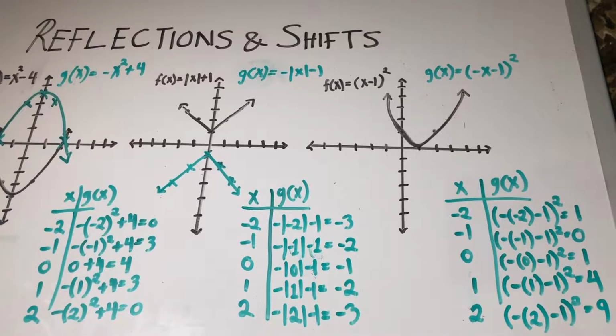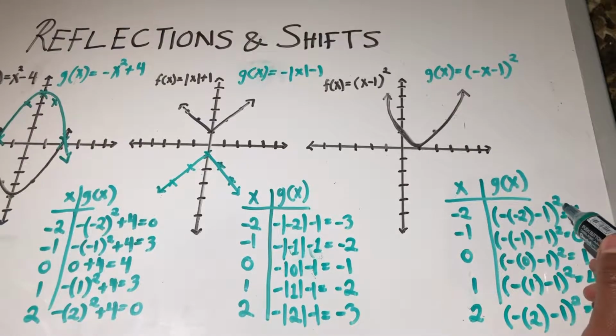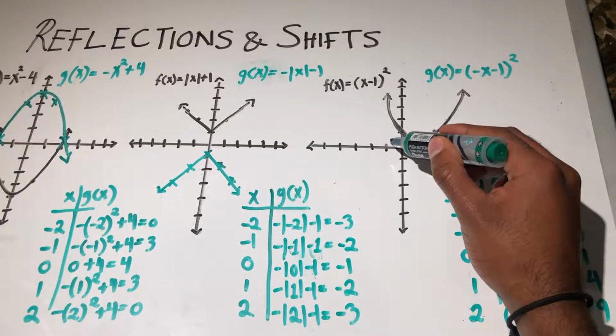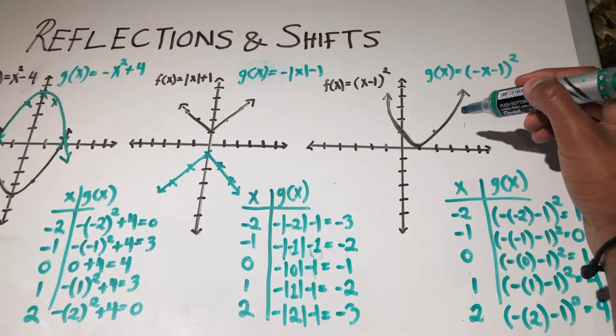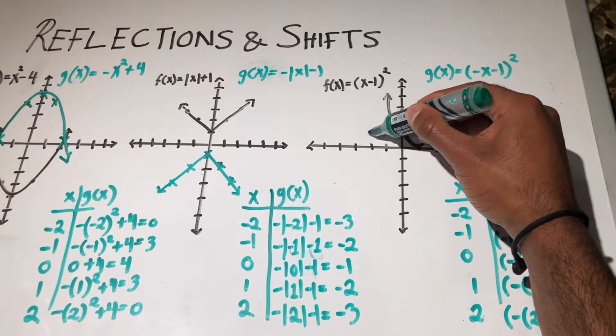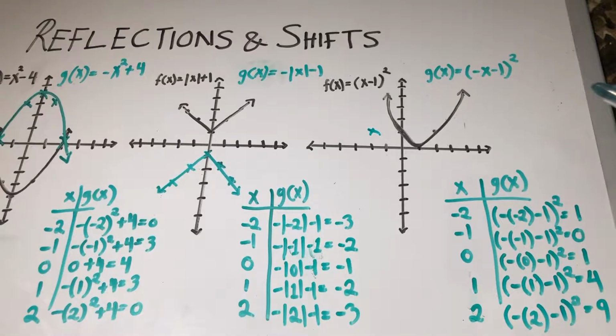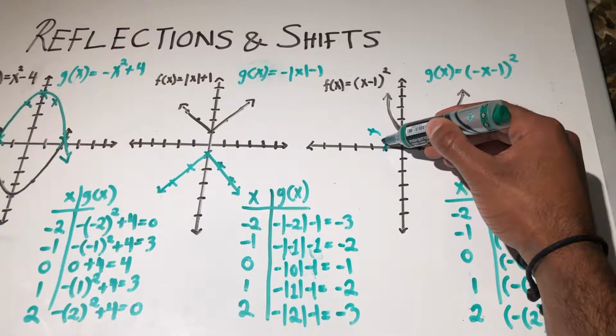And we can go ahead and plot those points. So -2 and 1. So we're going to go 2 units to the left and then 1 unit up. It's going to give us this point. And we have -1 and 0, which is 1 unit to the left, and then we'll just stay there.